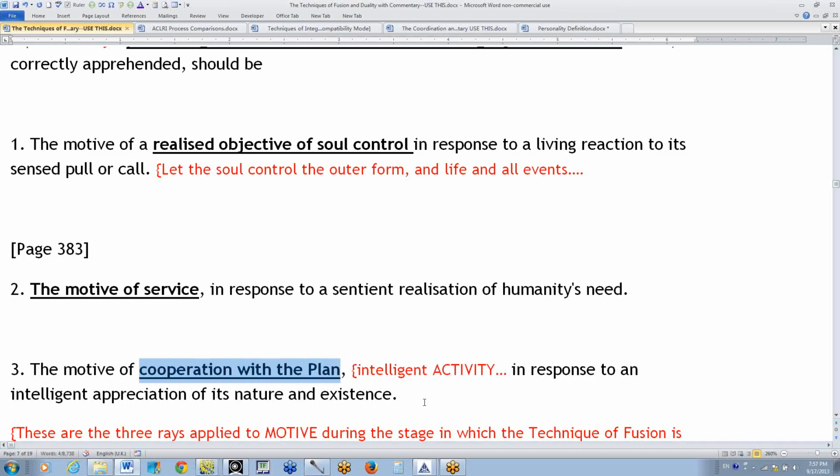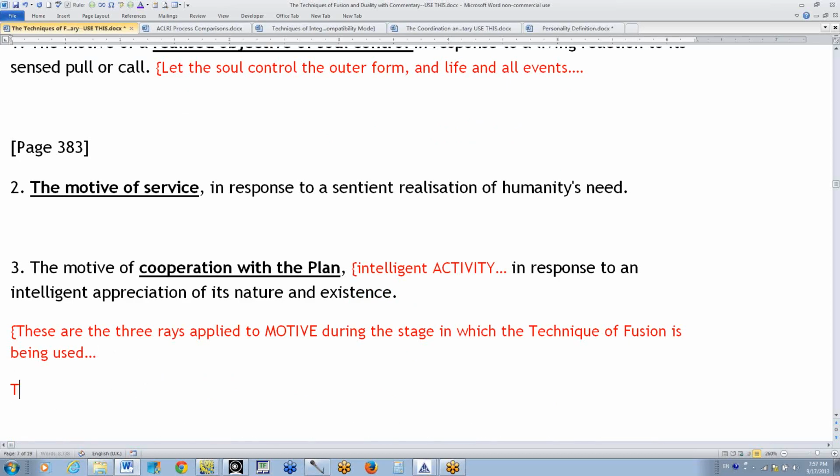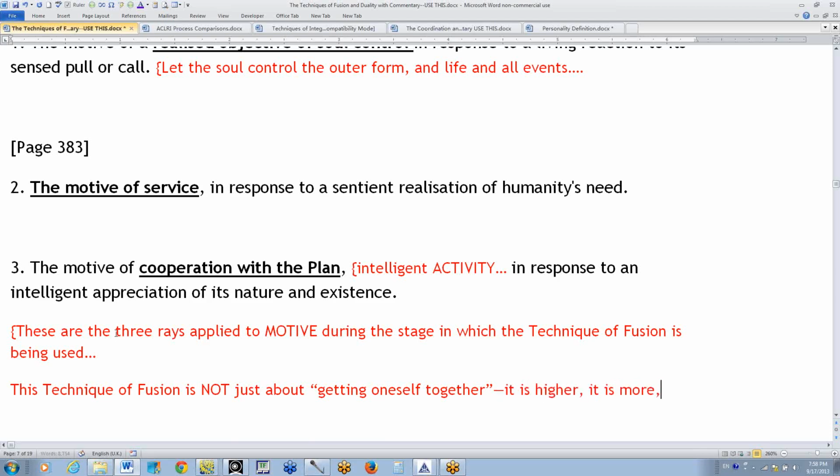So this is not just about getting oneself together, is it? This technique of fusion is not just about, in the old slang, getting oneself together. It is higher, it is more.